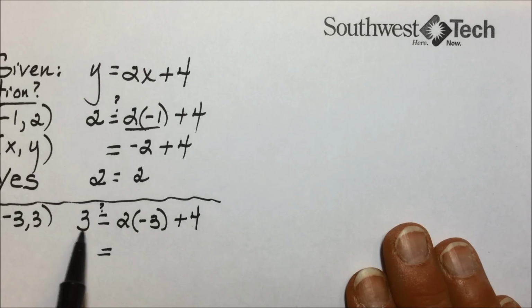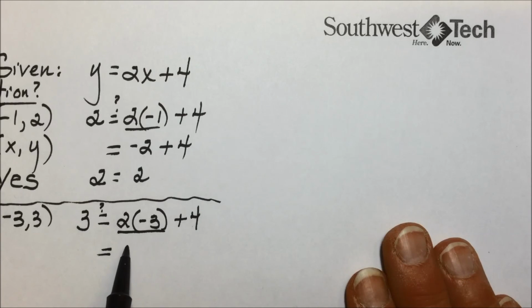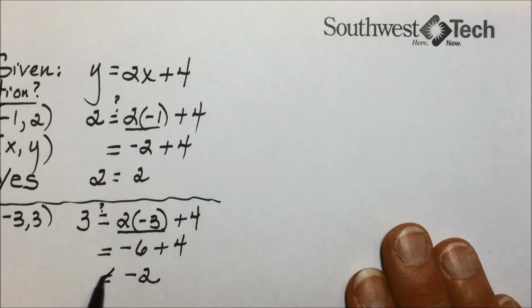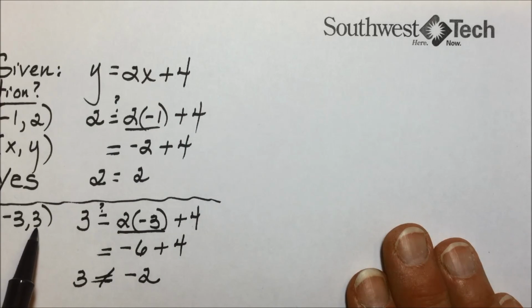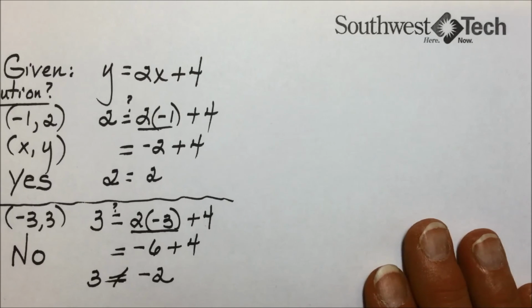Well, nothing to simplify on the left, but on the right we'll multiply. A negative times a positive, and 2 times 3 leaves us with -6 plus 4. Adding those together, we end up with -2, which is not equal to 3. So if we could see a graph of this equation, (-3, 3) would not be part of the drawing or the graph, and therefore it is not a solution to the equation.